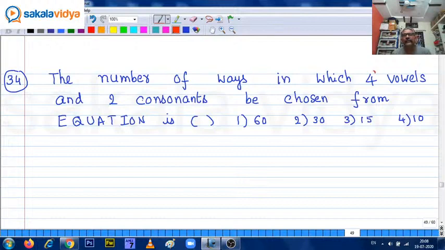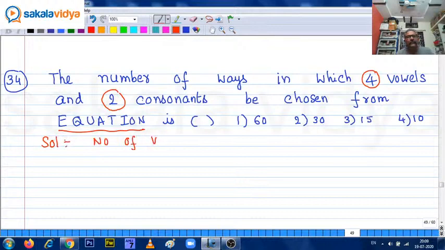The number of vowels is E, U, A, I, O, which is 5.